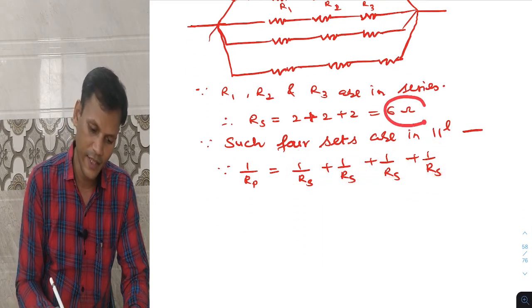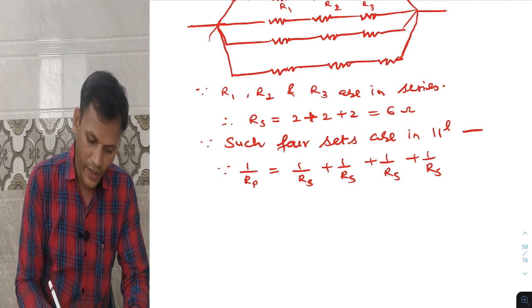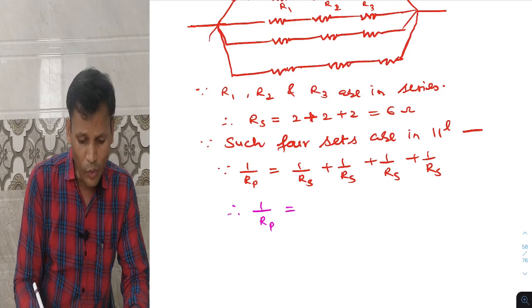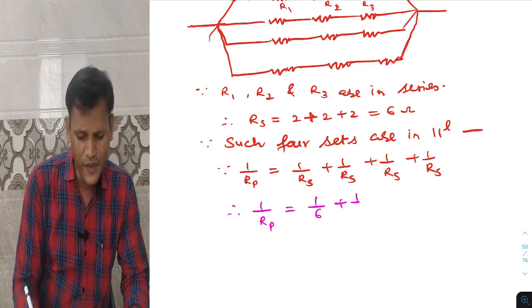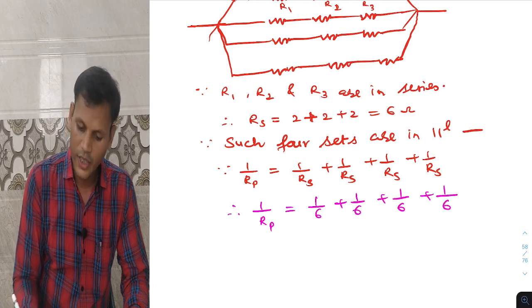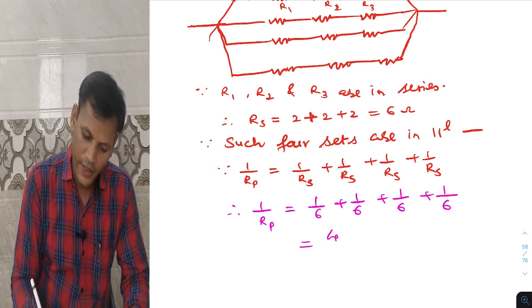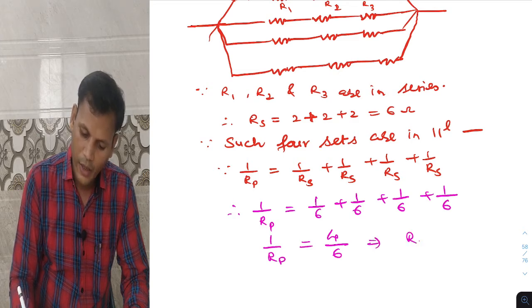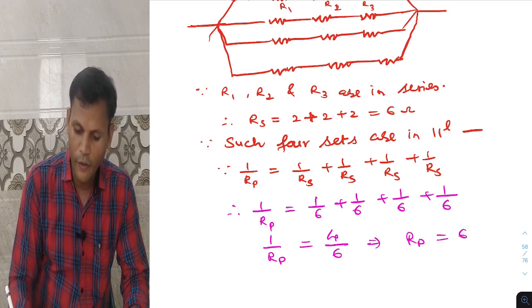And Rs is 6. So therefore 1 upon Rp will be 1 upon 6 plus 1 upon 6 plus 1 upon 6 plus 1 by 6. So it is 4 times, so 4 by 6. It is 1 upon Rp, so Rp will be 6 by 4.